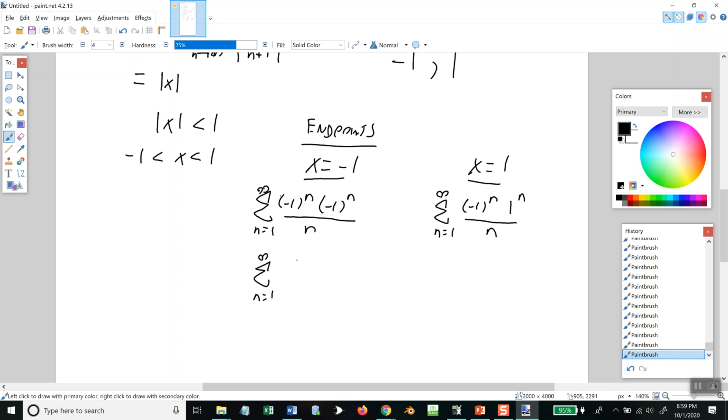Now here, this becomes negative 1 to a power times negative 1 to a power, you add the exponents, n plus n. Now over here, what's 1 to any power? 1. So this 1 to the n power is going to drop off, and we're going to have negative 1 to the n power over n.